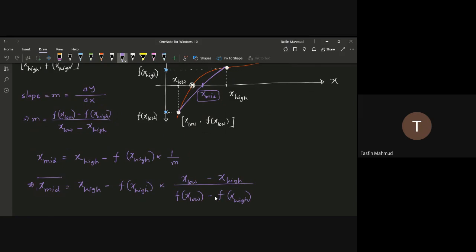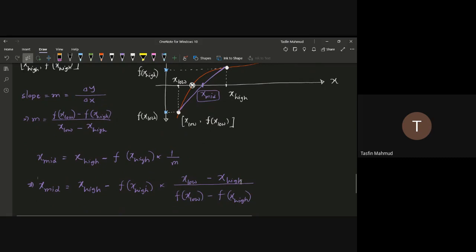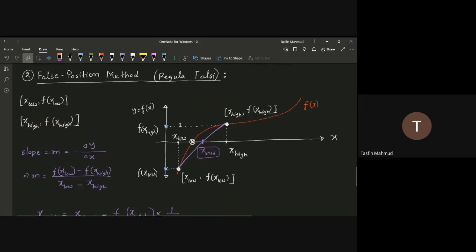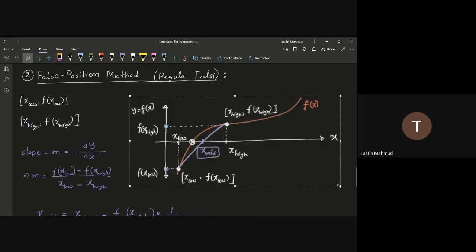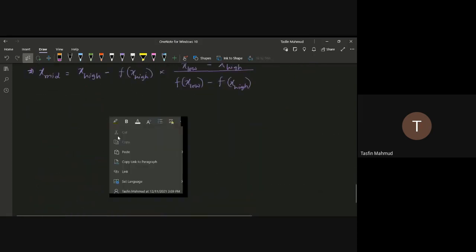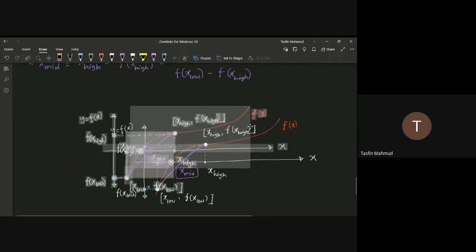Okay, so that's the way we are going to calculate the midpoint now in case of Regula-Falsi, because if we calculate the x mid using this formula, we can see we will reach the solution in a much faster way. Let's do some iteration, then I guess it would be easier to understand. Let's consider this thing.